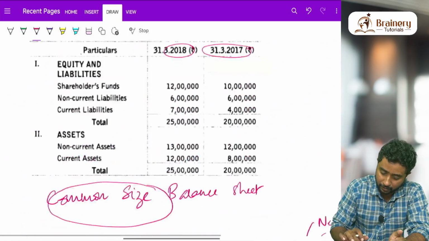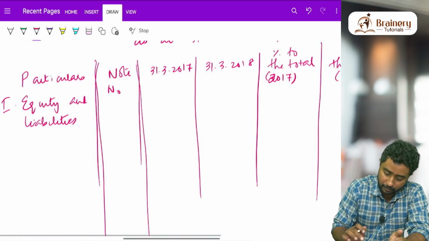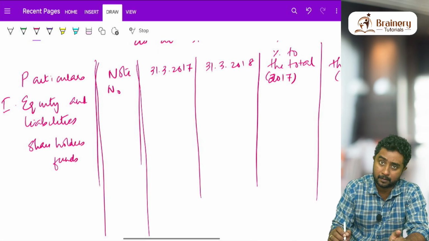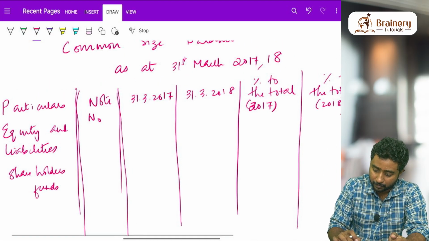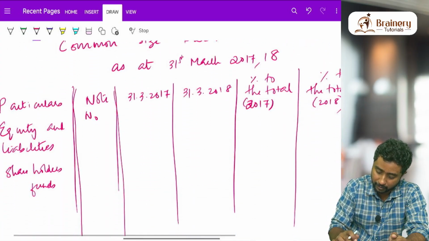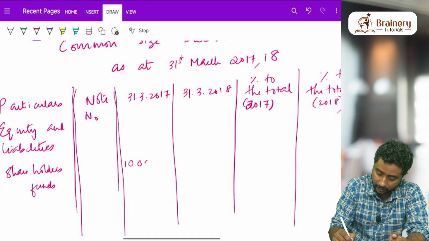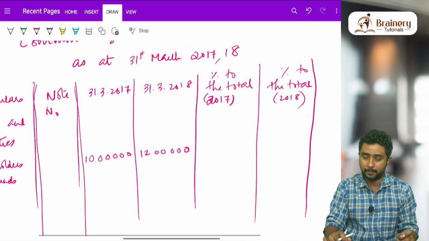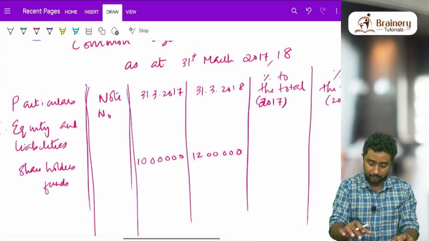Under that we will write what is given there, shareholders funds, no note number and all. We will just copy the amounts as they are given. Last year's amount was 10 lakhs. Current year amount is 12 lakhs. Percentage to the total we will fill up later. First we will copy all the amounts.